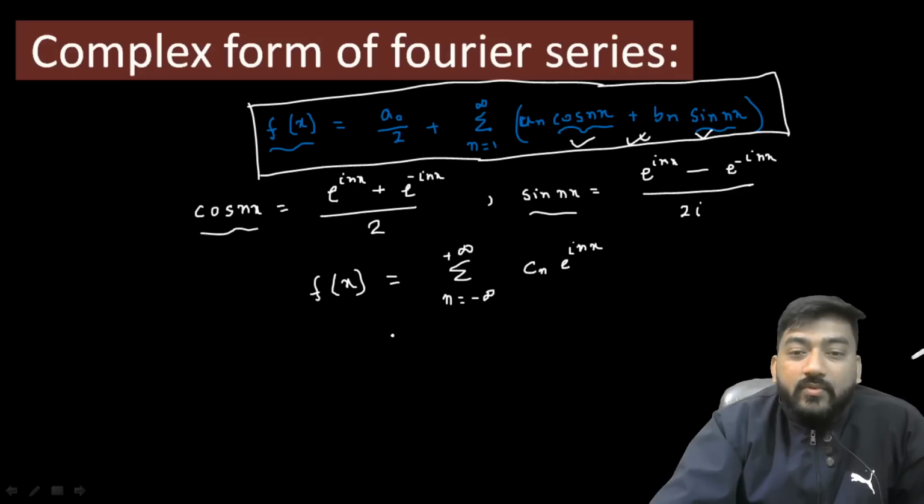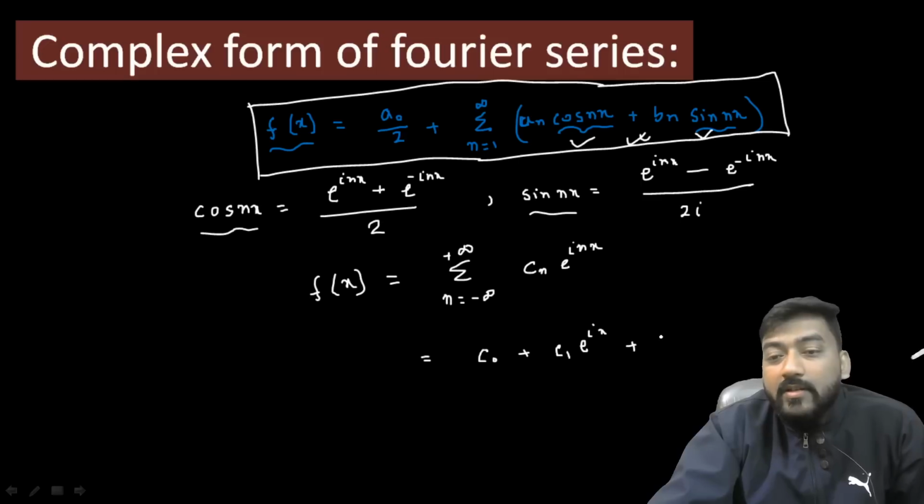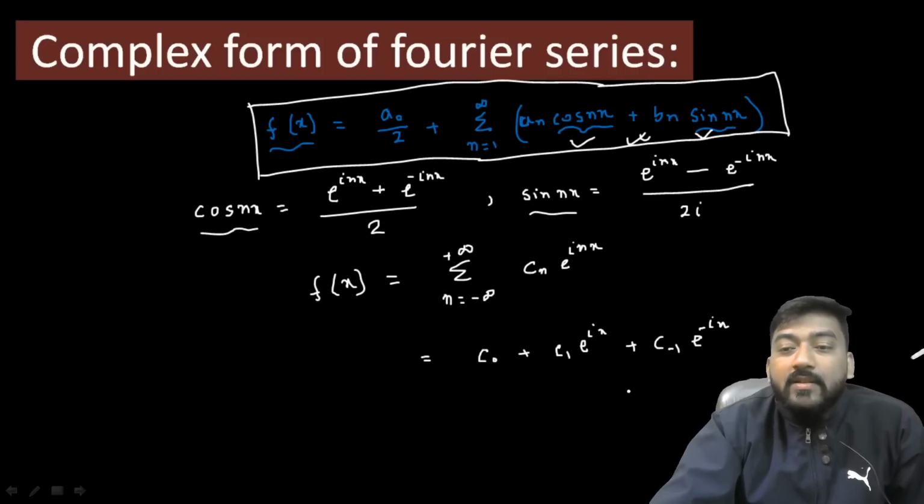Okay, so what will be the expanded form of this? This will be something like c0. If you put n equal to 0, then it will be just c0. If n is equal to 1, it will be just c1 e to the power ix. Again, if you put n equal to -1, we can write c minus 1 e to the power minus ix.